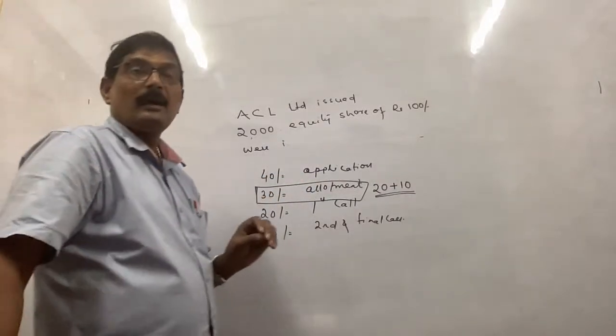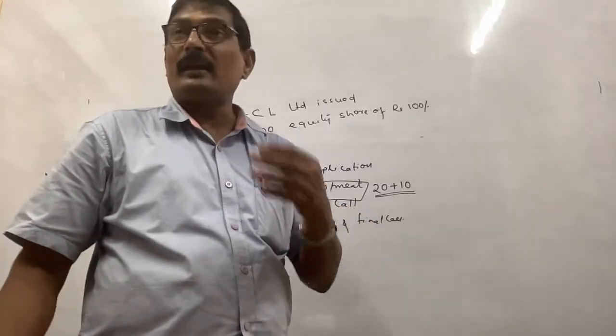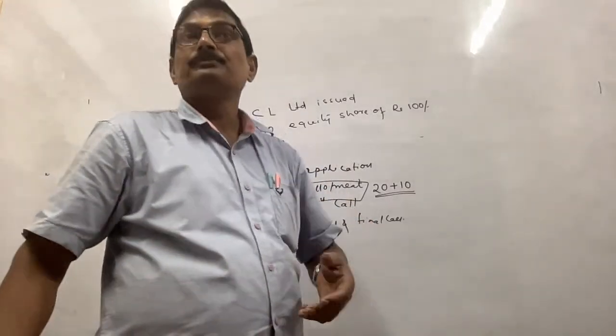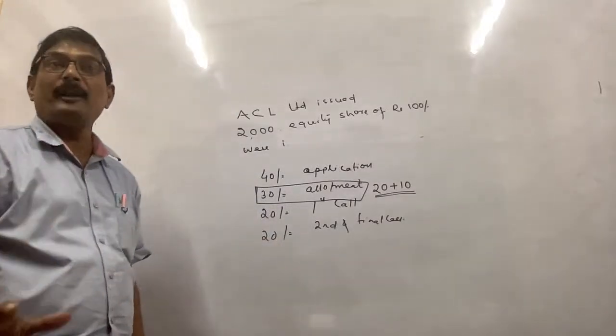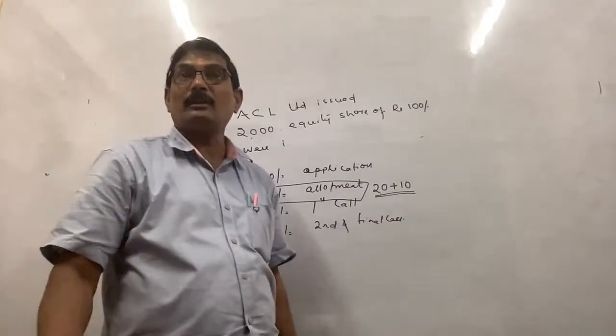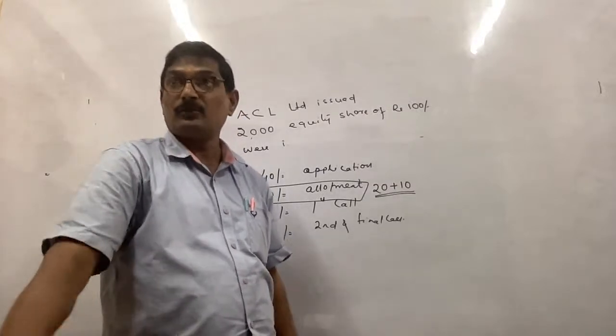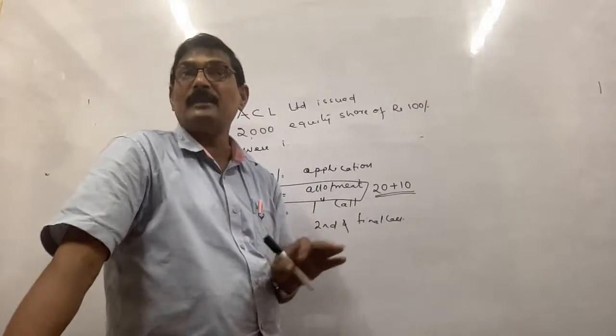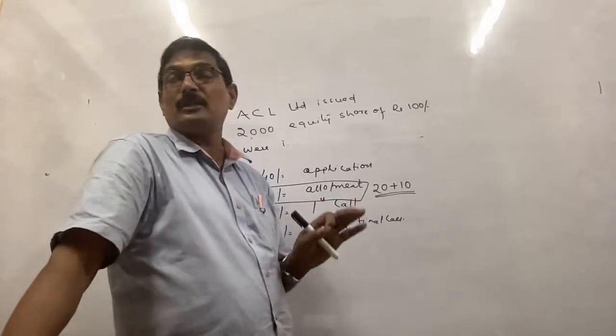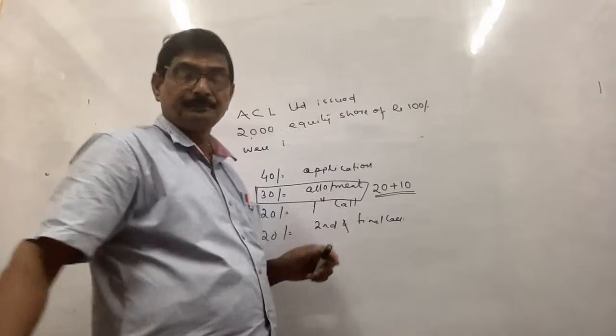And secondly, some students are using the term securities premium reserve. Try to avoid it, though for the time being it is not a mistake. But avoid using securities premium reserve. Instead, try to use securities premium only, right?